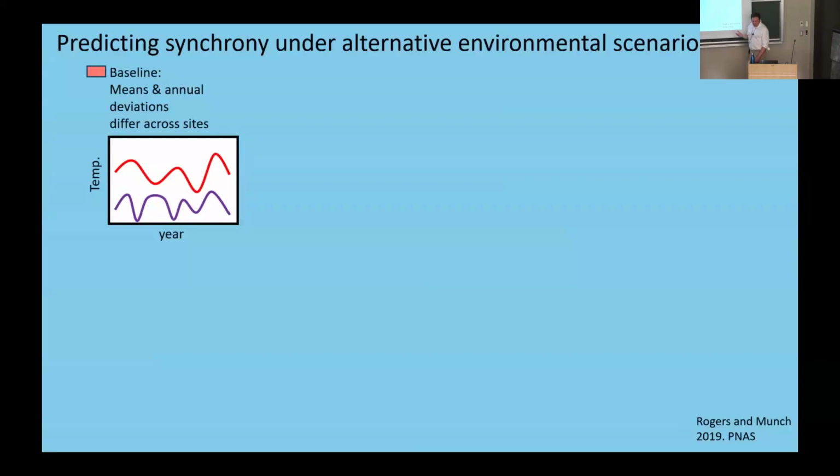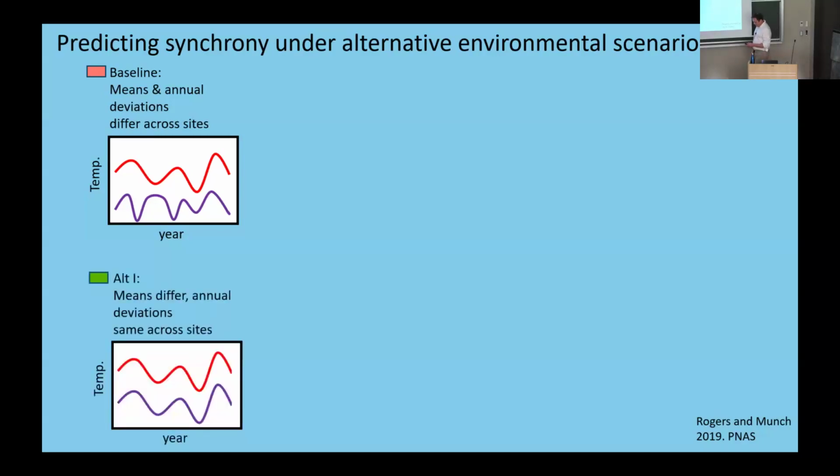Okay, so to ask whether this is actually what's going on and controlling synchrony in the crab populations, we'll do a simulation using the EDM model to generate a predicted level of synchrony. So we'll simulate under the original environmental setup, where there are differences between locations in the mean temperature, and each location has its own original sequence of interannual fluctuations.